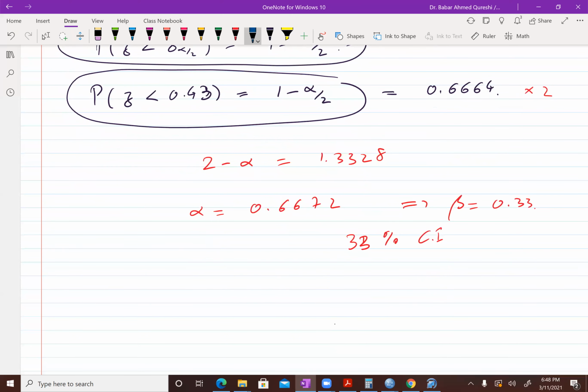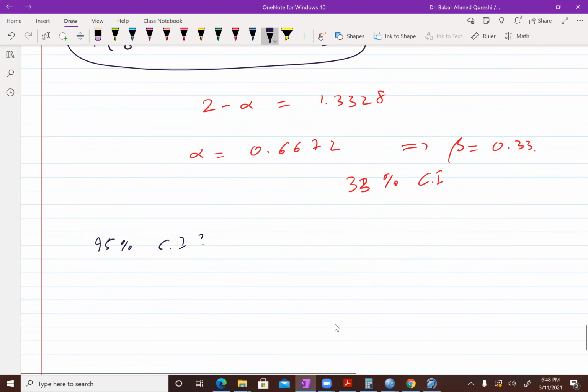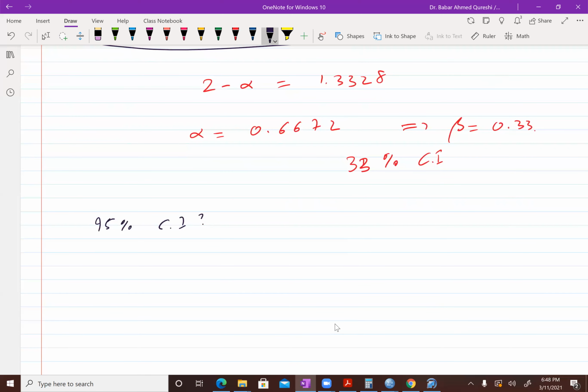So then you go and you tell them that it doesn't mean much. So let's put a 95% confidence interval. So what would that be? Now you are computing 0.05.